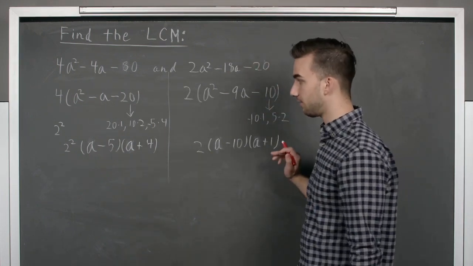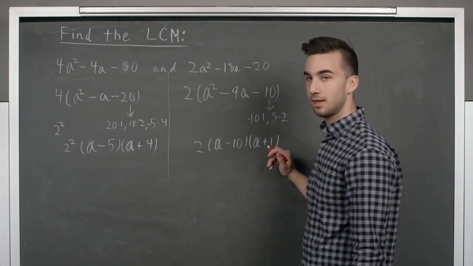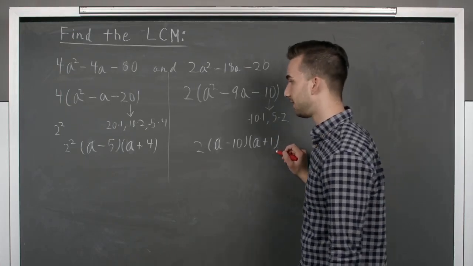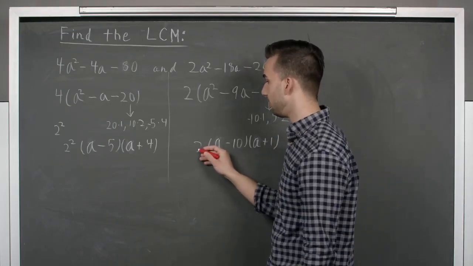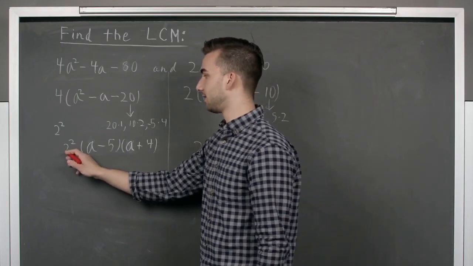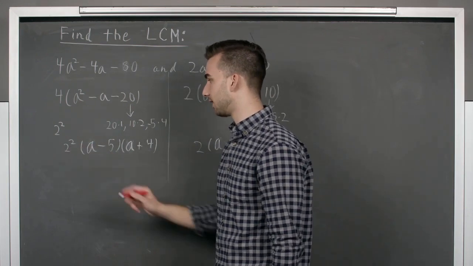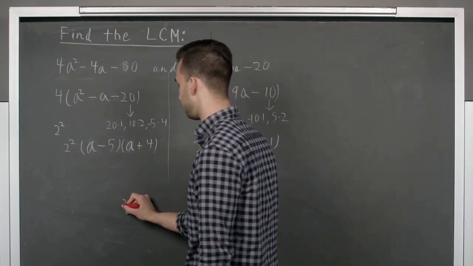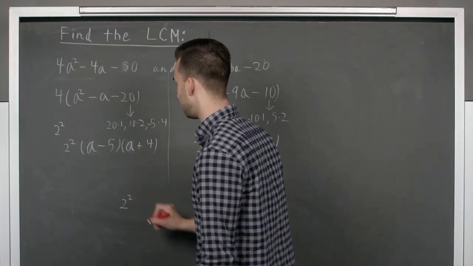Now we can find the least common multiple. How we do that is we just take the highest exponent of each unique factor. So let's start with our 2. The highest exponent we have is 2 squared. So we will use the 2 squared for the least common multiple. 2 squared.